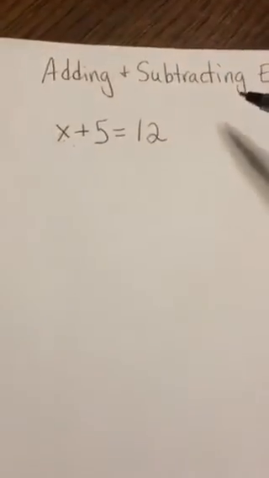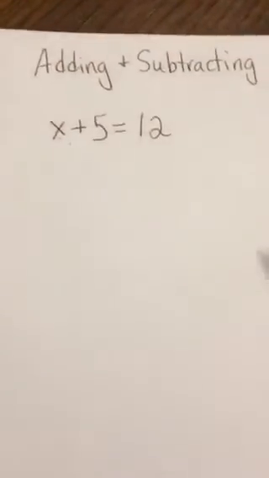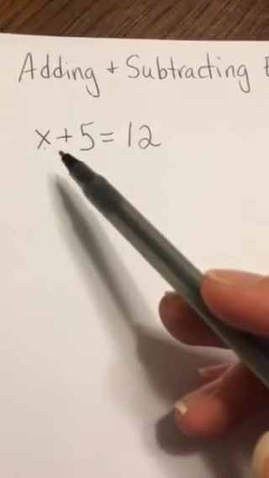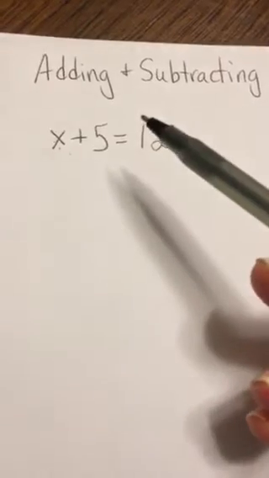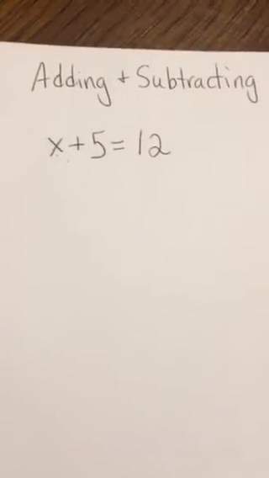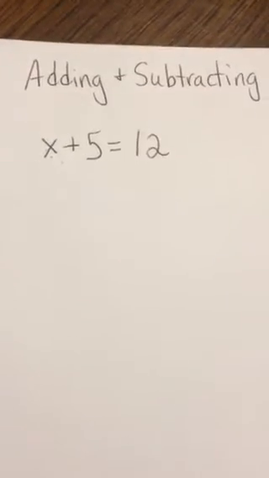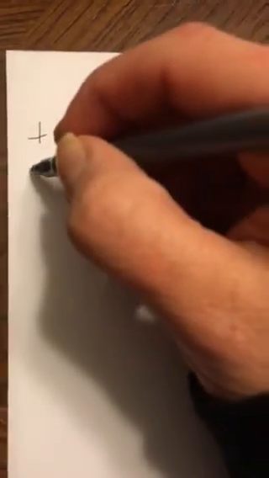In order to find out what that letter represents, we can apply an opposite or an inverse operation. Let me show you what that is. An inverse operation or an opposite operation would be when you add, the opposite operation would be subtract.